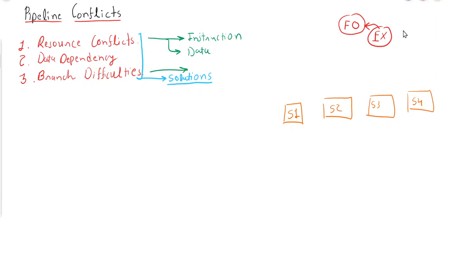So how can data dependency be handled? There are various solutions. The first solution is hardware interlock. In hardware interlock, there will be a hardware circuit which will detect this kind of instruction conflict, and in between these two instructions it will add some delay.